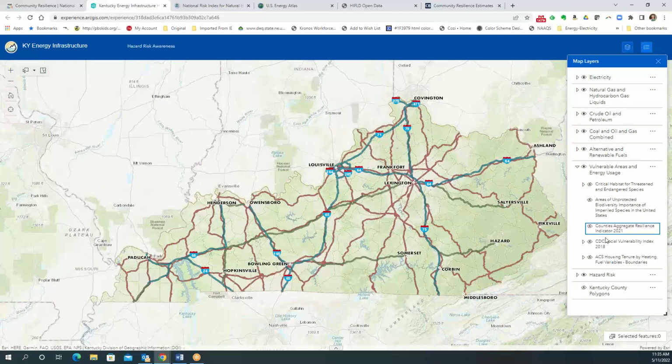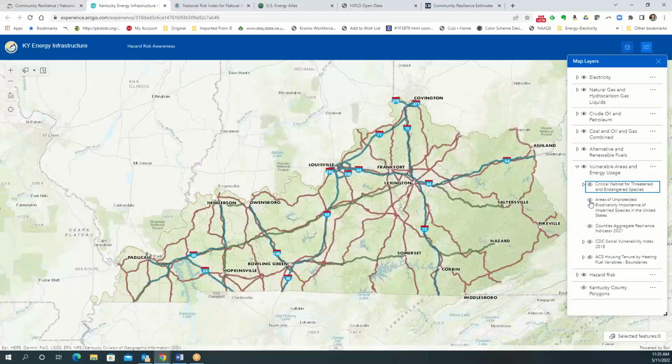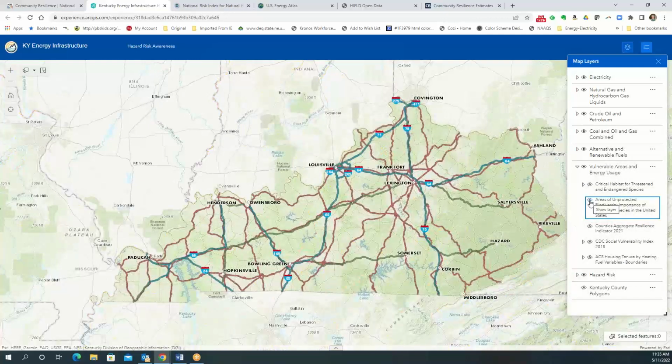But that's not the only vulnerable areas. We also are concerned when we have a hazard risk and we're building back infrastructure where there may be critical habitat for threatened or endangered species, or where we have unprotected areas of high biodiversity that we may want to be sensitive to as well.